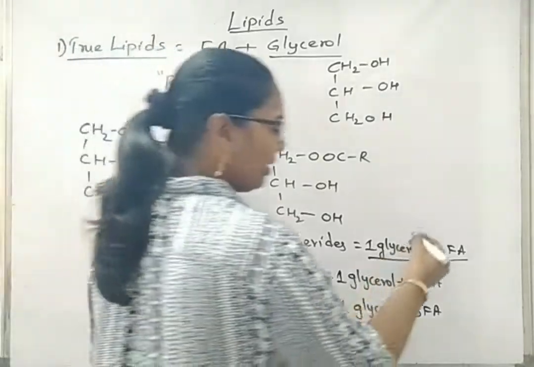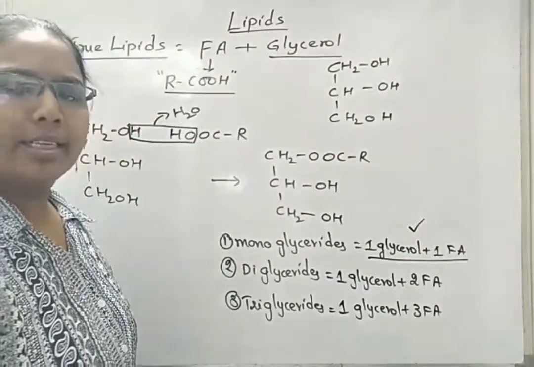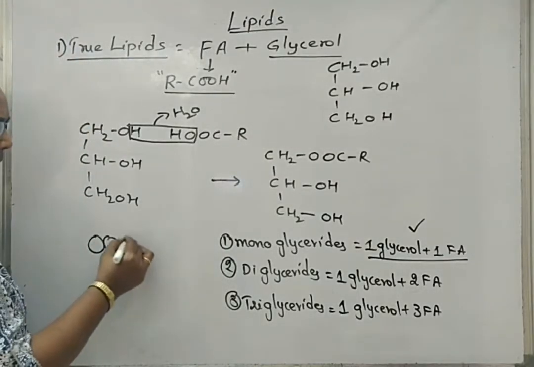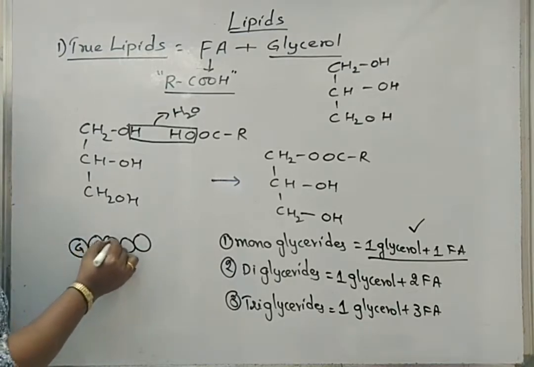The answer is, if one glycerol and one fatty acid exist, it is still considered a lipid. Because when we read about plasma membrane structure, we used to represent glycerol like this.